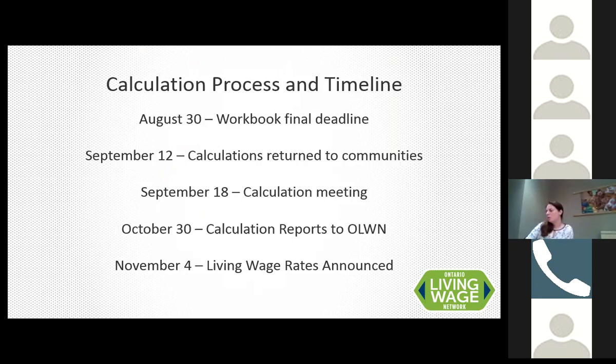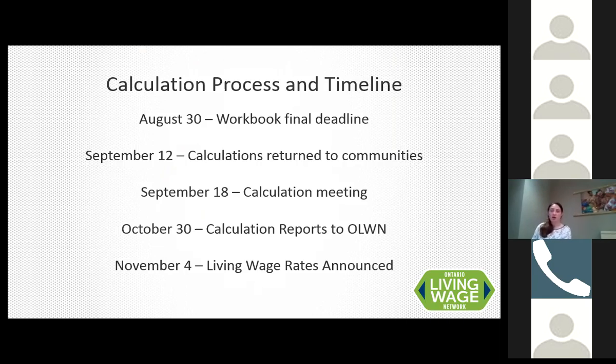Okay, so September 18th, I have set as a date for our calculation meeting. This is sort of our last chance to go through our calculations. What I usually do is set up a cross-community spreadsheet.